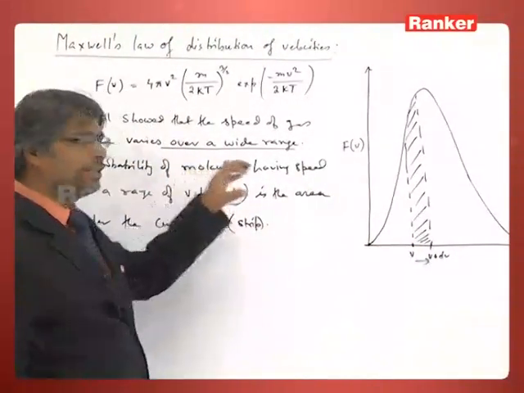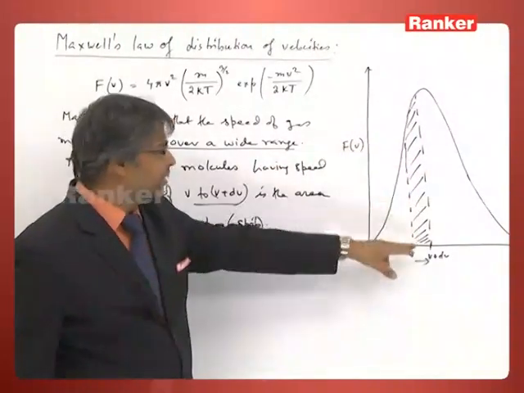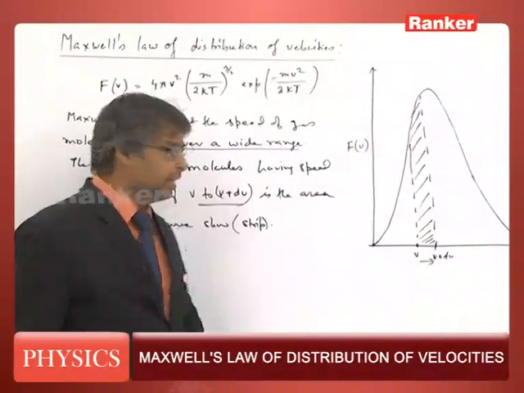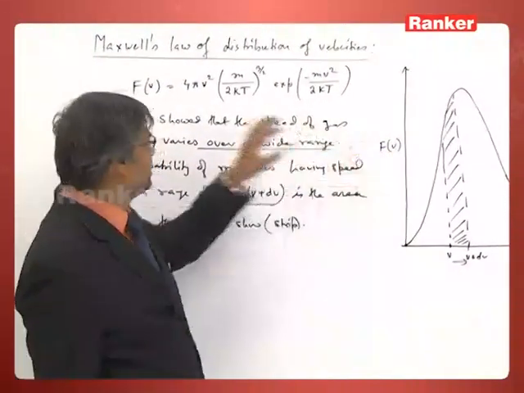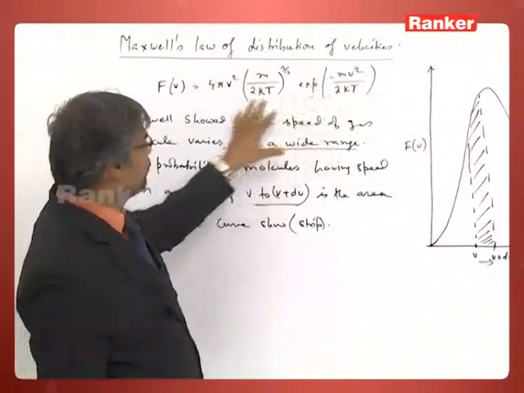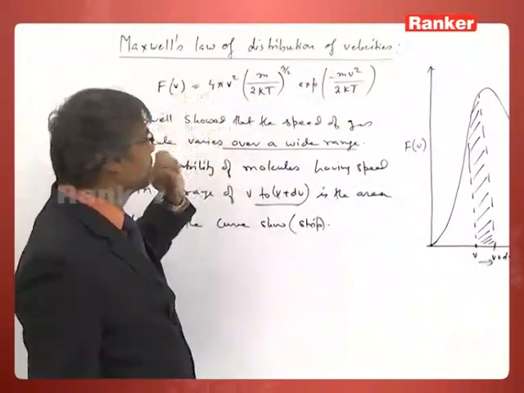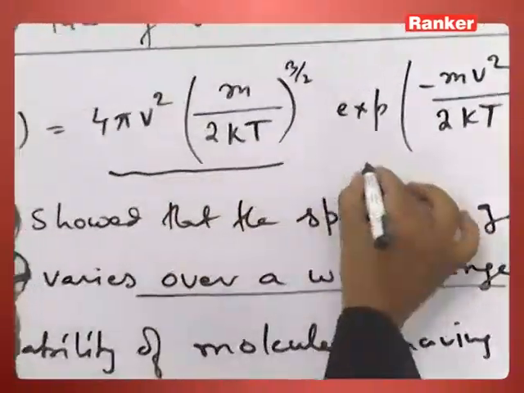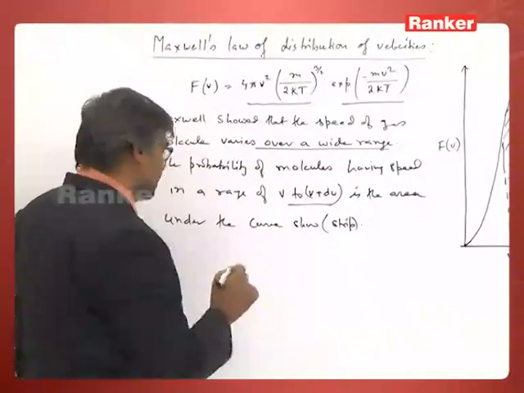That is the probability of molecules lying in this region is given by this area under the curve. This is the probability density. Fv is the probability density, which is a function. So here the essential part is the function contains two terms, one is quadratic and one is exponential.